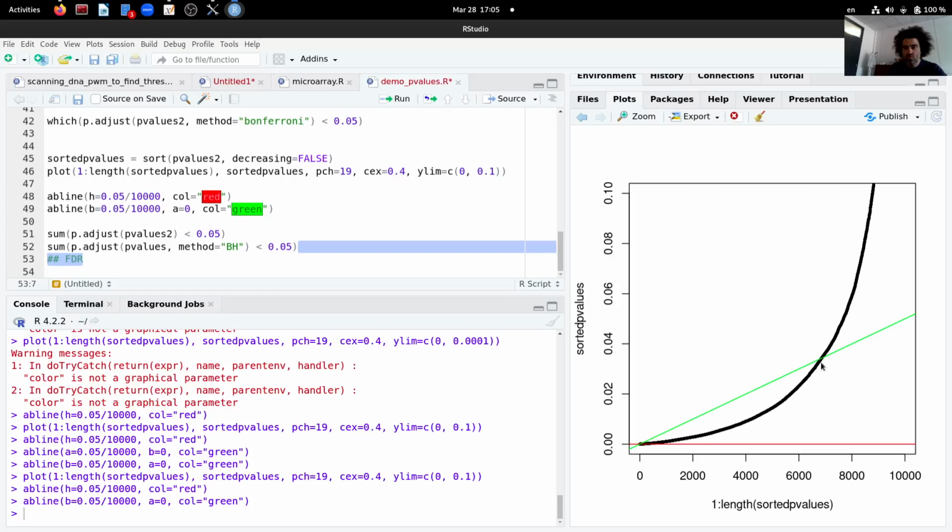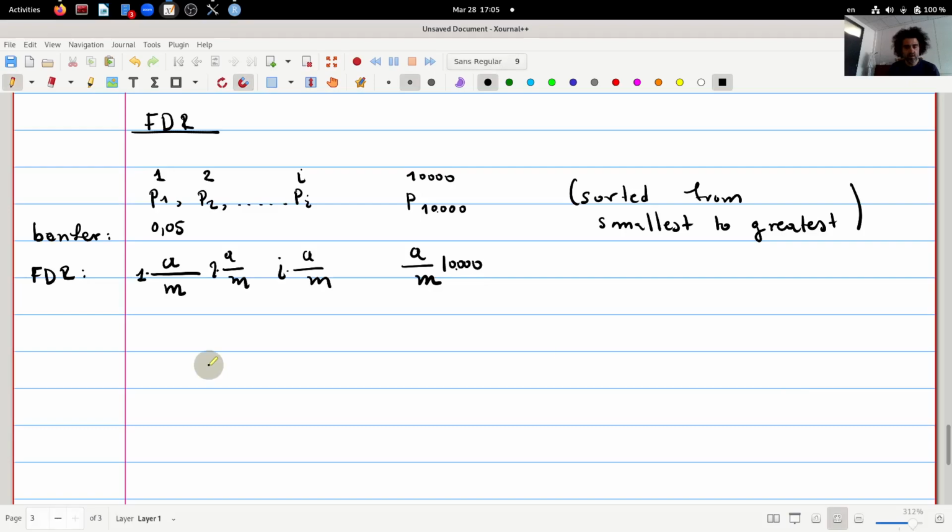Now we reject the null hypothesis for all these experiments until the last one, so the one with the greatest index that fulfills the requirement that the p-value is smaller than the index of the p-value multiplied by alpha divided by m.